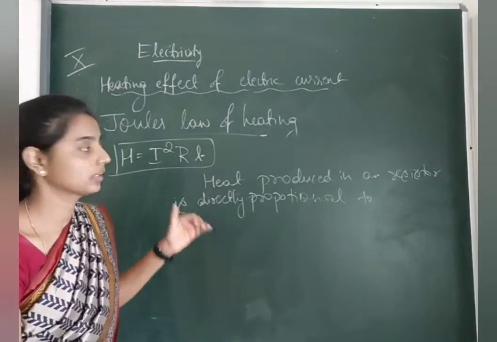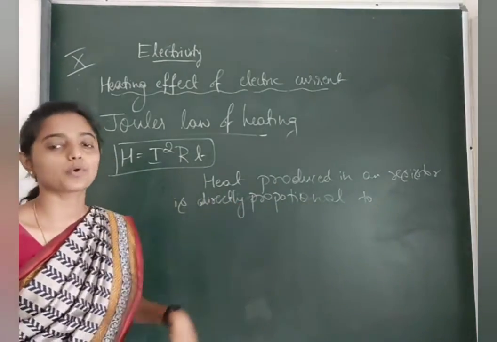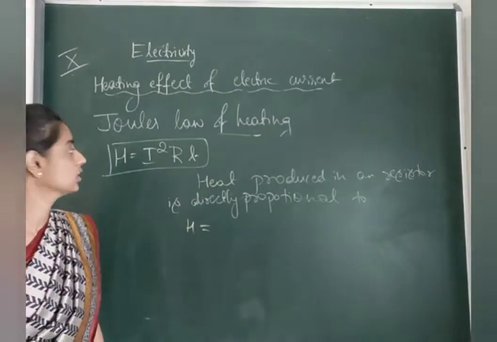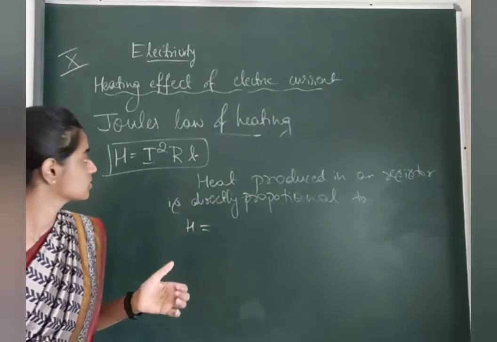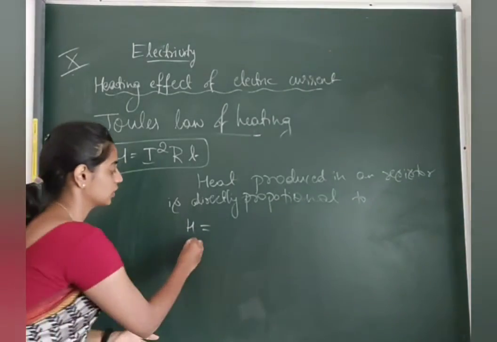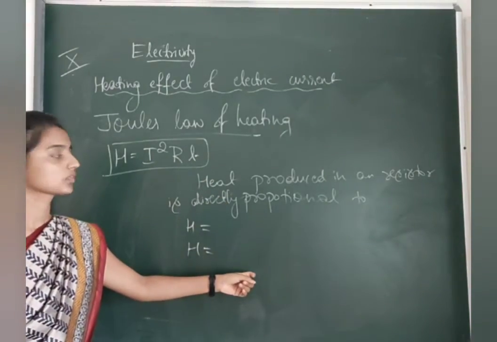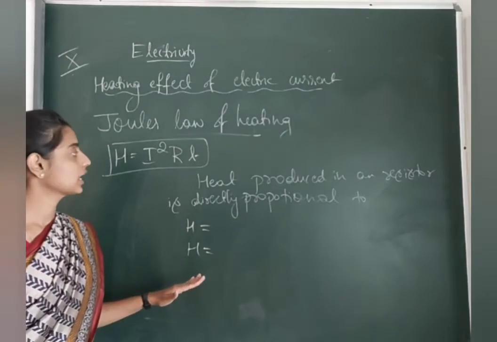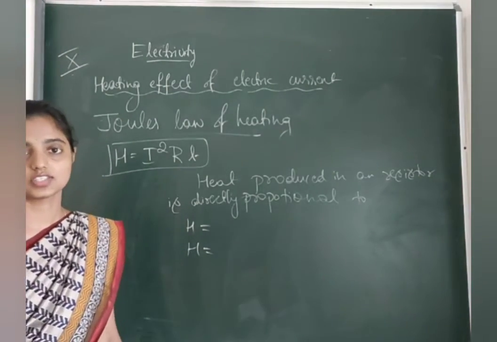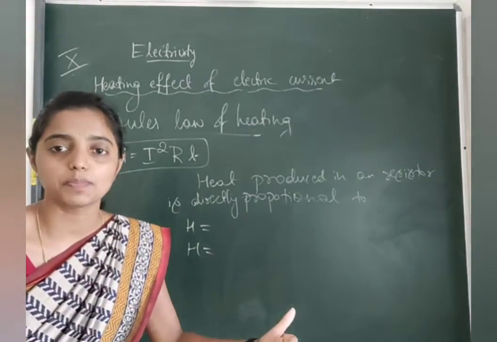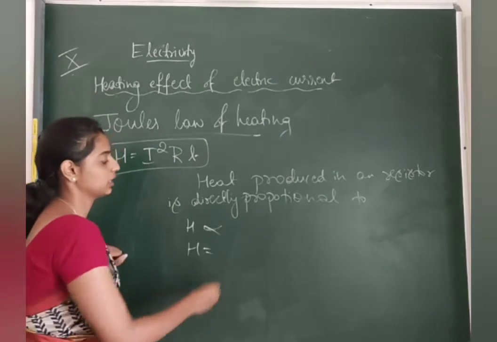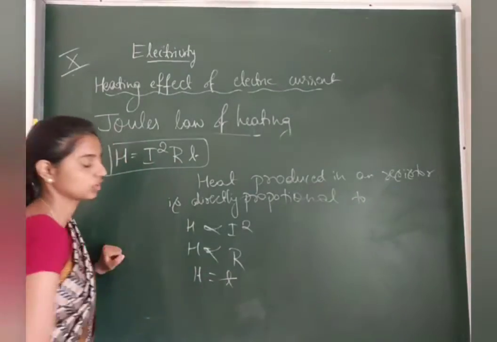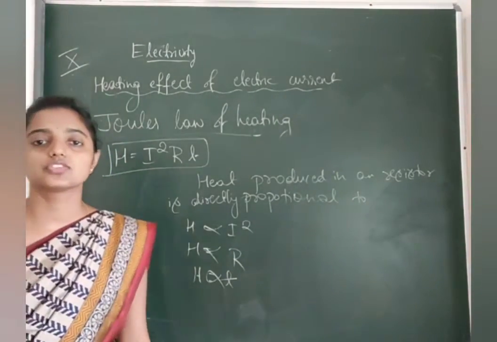For 2 marks, just elaborate the same statement: H is directly proportional to the square of the current in a resistor, H is directly proportional to the resistance of a resistor, and H is directly proportional to the time taken for the flow of current in a resistor. You need to add 3 more points, and if you want to expand, you can also write H is directly proportional to I square, H is directly proportional to R, and H is directly proportional to time. Based on the marks, try to elaborate this answer.